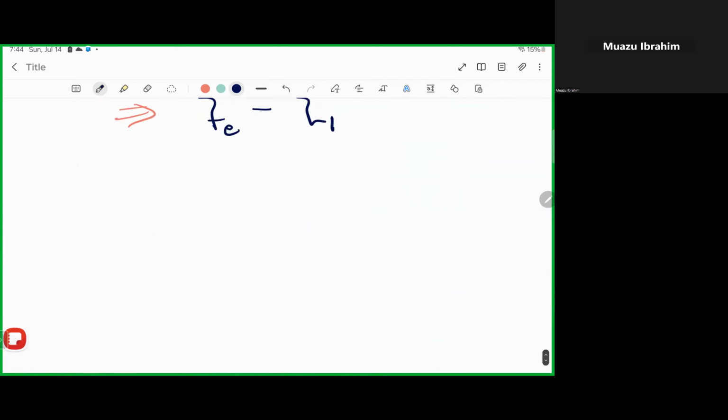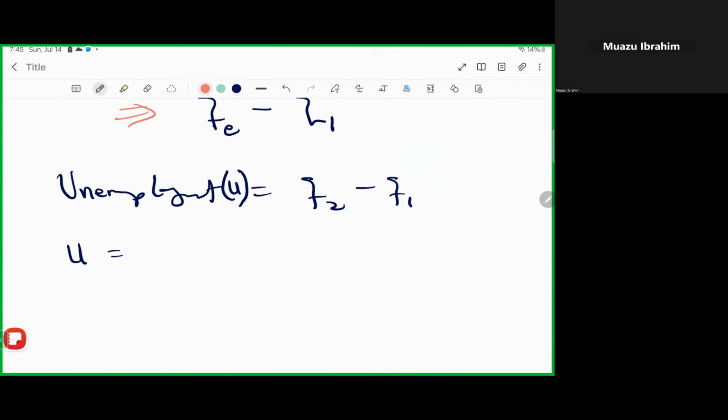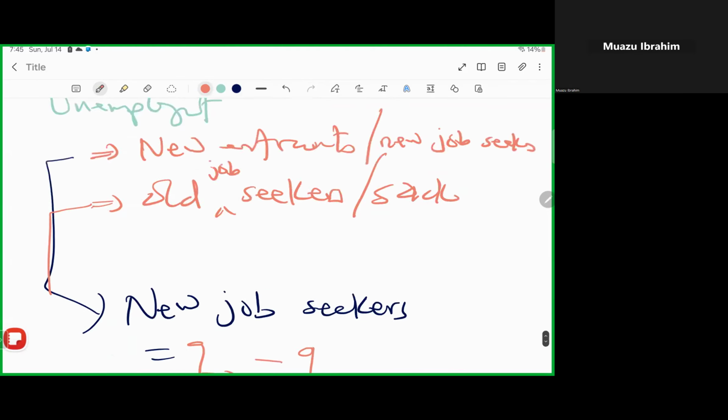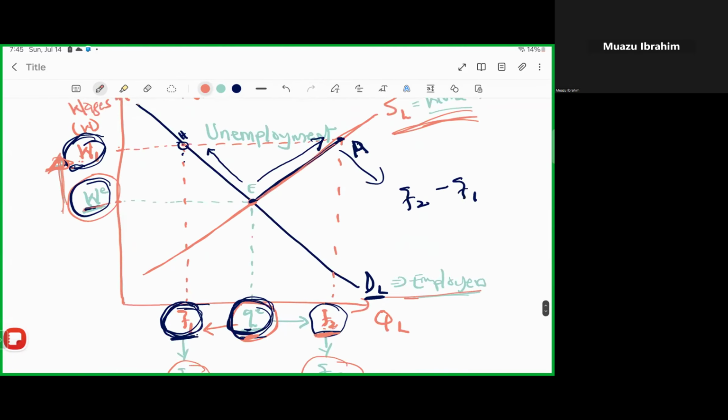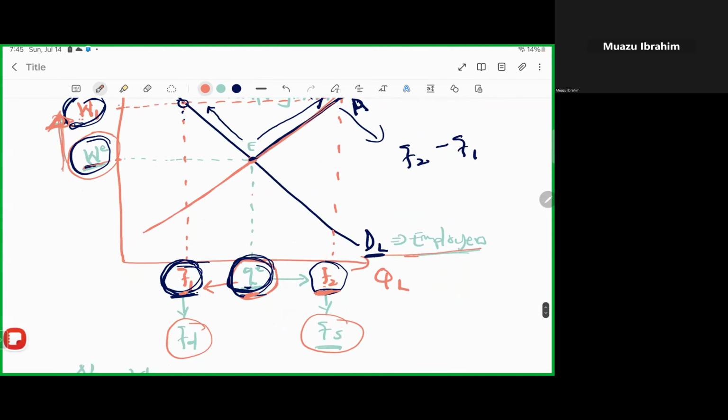If you pick the unemployment as Q2 minus Q1, it means that this amount of unemployment, which I will call U, can also be separated into those that are being sacked, which is this side, and those that are new in the job market, who will now be looking for jobs, from this side.